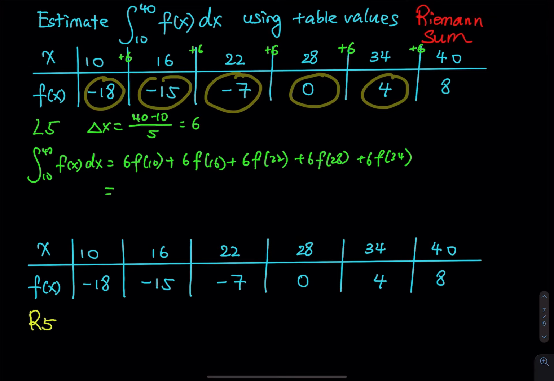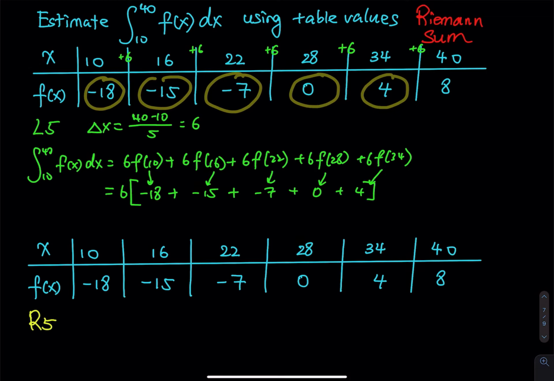If you factor out the 6, inside the parentheses you have f10, f16, f22, f28, f34, and you add all of them together. When x is equal to 10, y is equal to negative 18; x equal to 16, y is equal to negative 15; x equal to 22, y is equal to negative 7; x equal to 28, y is equal to 0; x equal to 34, y is equal to 4.